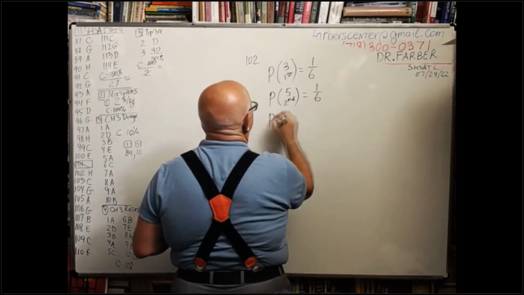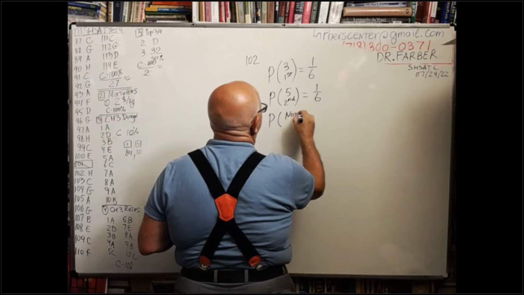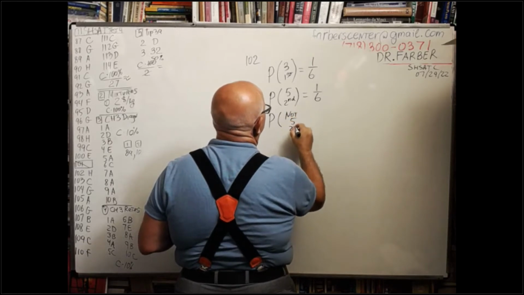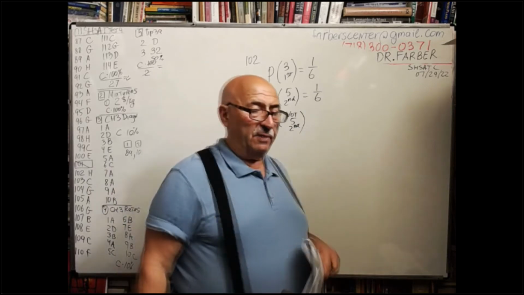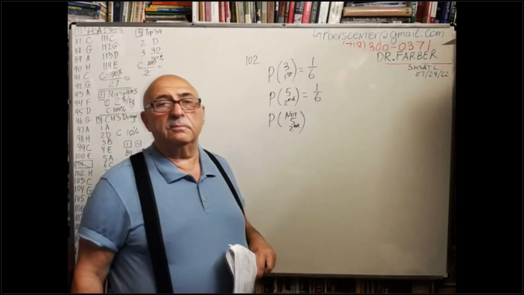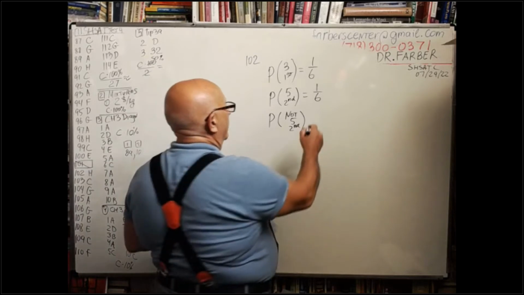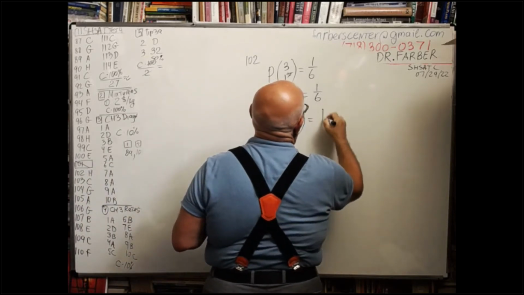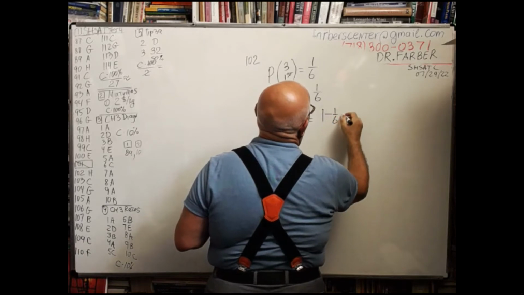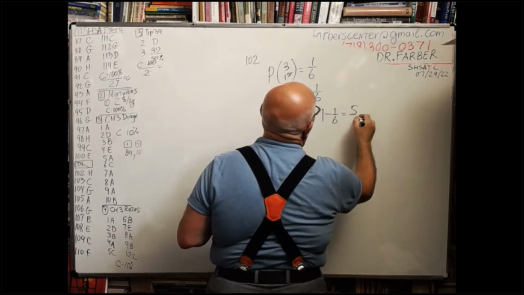But probability of not 5 on the second: you know, the total of 2 complementary events always equals 1. So A equals 1 minus 1/6, which is 5/6.